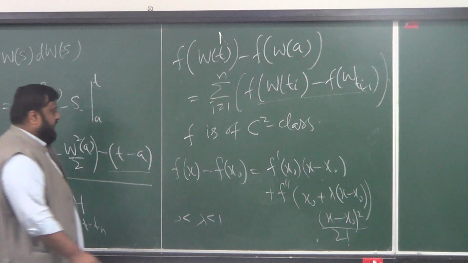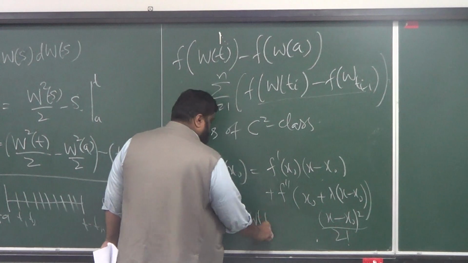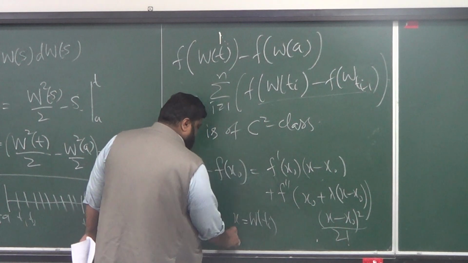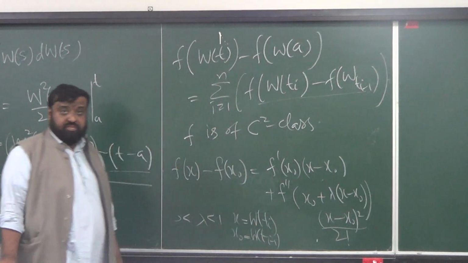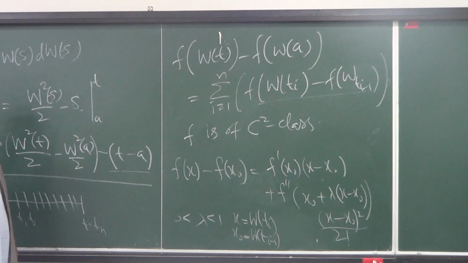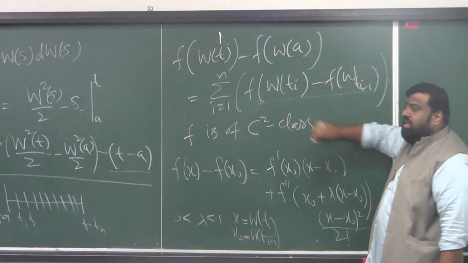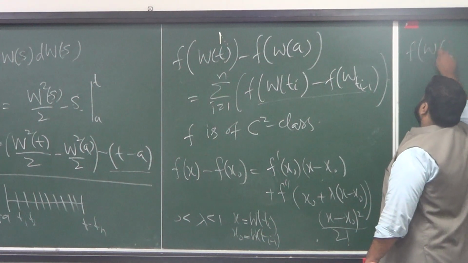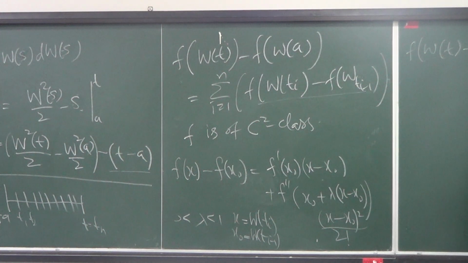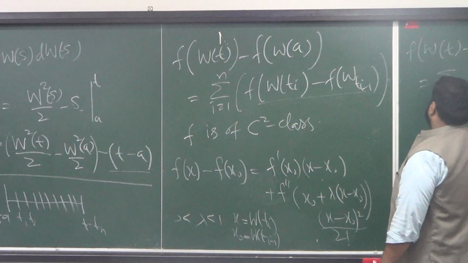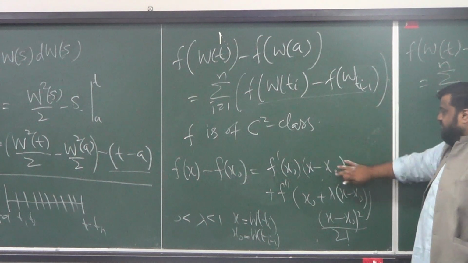And now here I am saying that in the place of x, replace it with W of t_i, and in the place of x naught, replace it with W of t_{i-1}. Then how is this sum going to look? So this sum is going to be f of W_t minus f of the Brownian motion evaluated at a, equal to the sum of substituting values here.